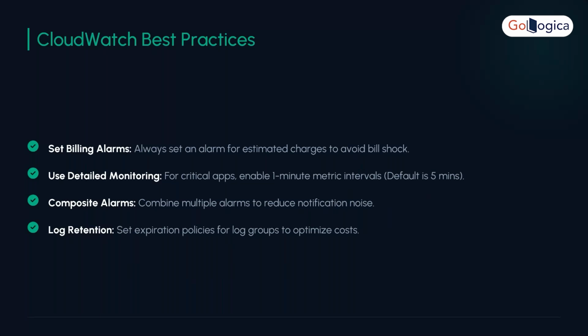So if we set billing alarms, then before it goes beyond a certain limit or budget, it will send an alert to the owner that you need to look out.